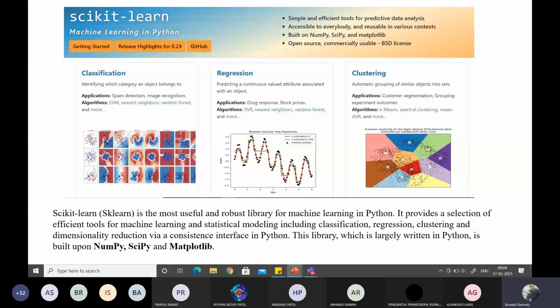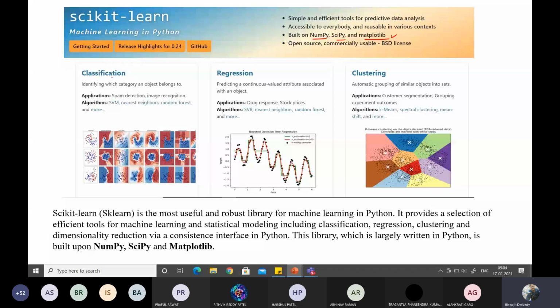Whenever we go for different types of regression analysis, we can do all this programming in Python, but there is one package, the scikit-learn package. It is a very powerful library in which other libraries like NumPy, SciPy, and Matplotlib are embedded.